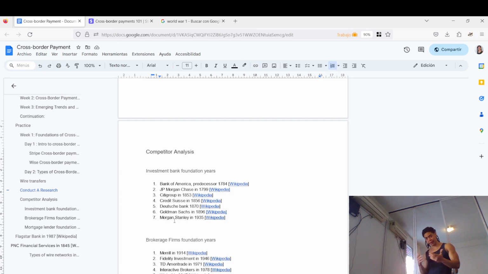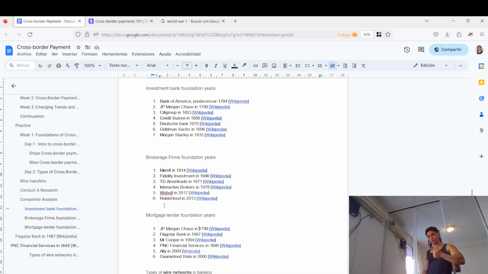Investment banks such as Bank of America, JP Morgan, Citigroup, Credit Suisse, Deutsche Bank, Goldman Sachs, or Morgan Stanley. Brokerage firms allow you as an individual or business to gain access to these markets and start to get in. Merrill is one of them.